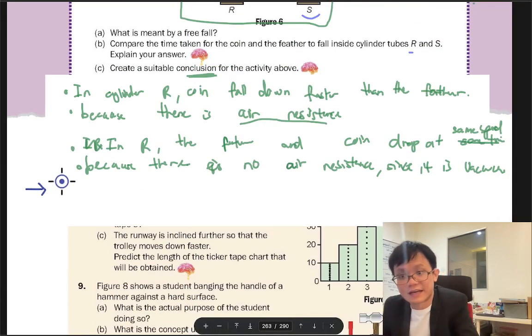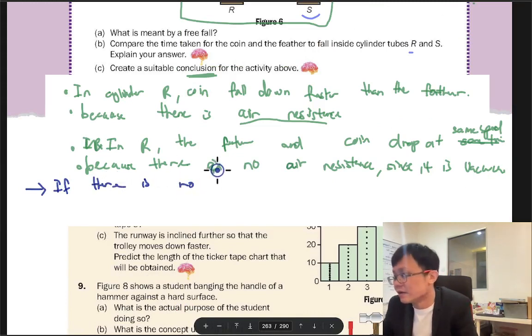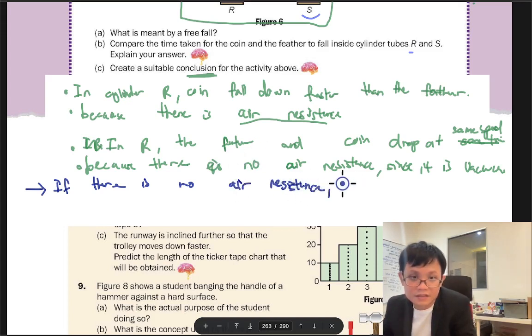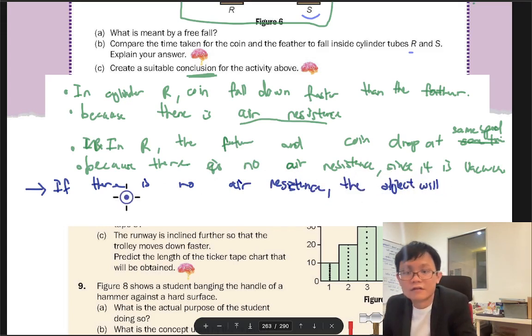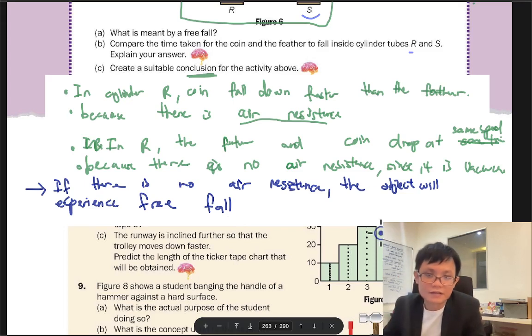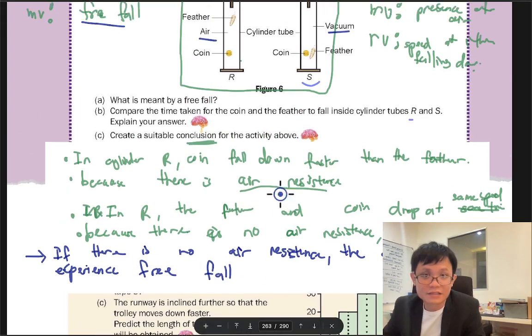So I will say that if there is no air resistance, the object will experience free fall.